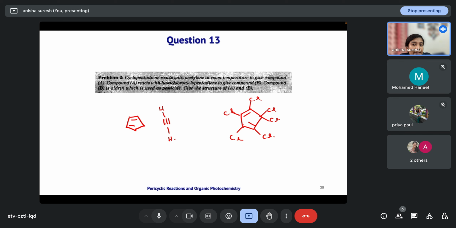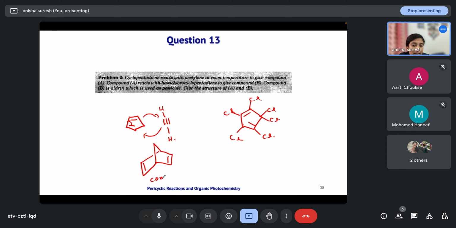What reaction will take place first? Diels-Alder, where cyclopentadiene is the diene and acetylene is the dienophile. So the reaction will take place in this fashion, giving this product, right?